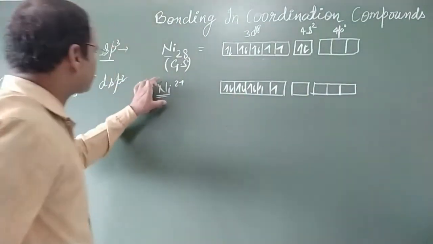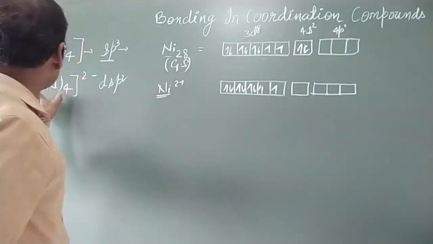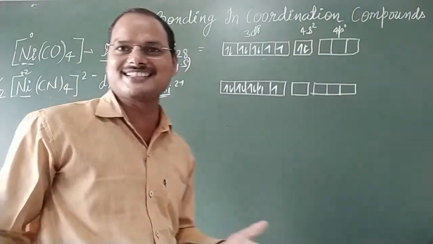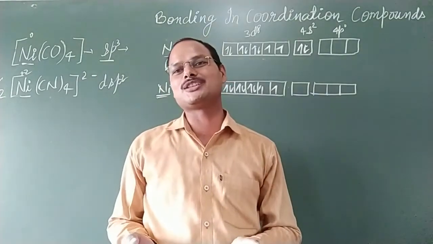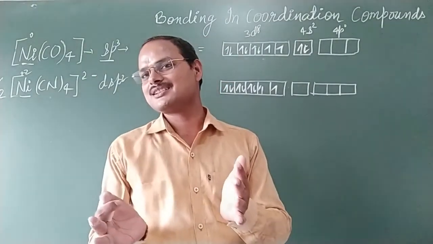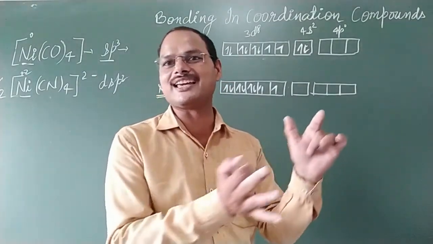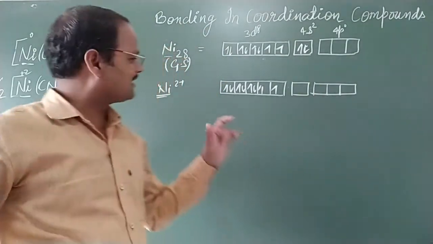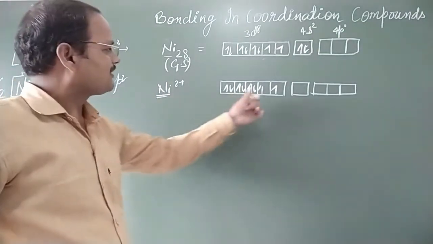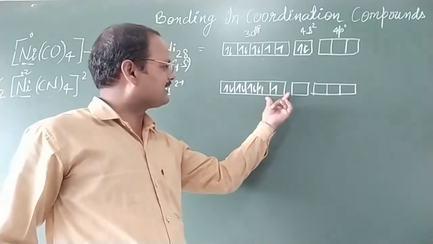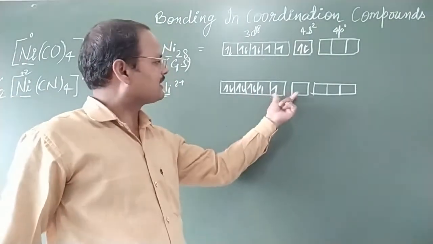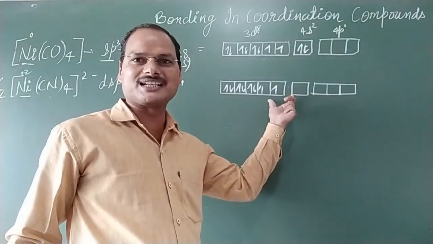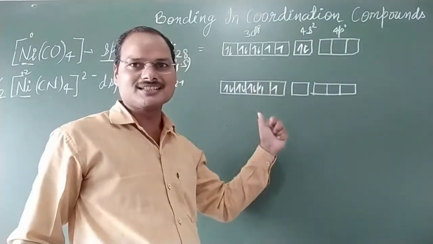Now see, in presence of this ion, in presence of cyanide, CN is a strong ligand. As we know that pairing will take place in case of strong ligands like CO or CN. Therefore, in this molecule, the electronic configuration of Ni2+ is having 2 half-filled 3d orbitals.